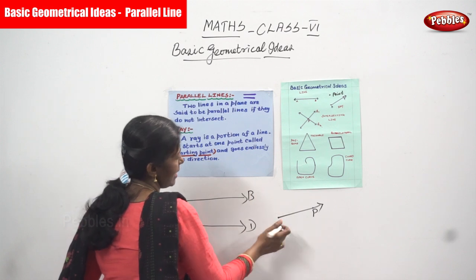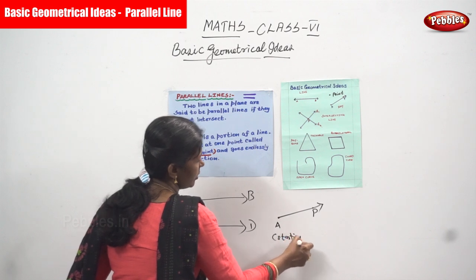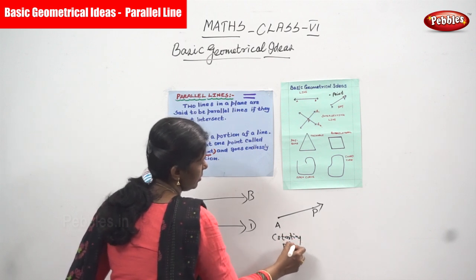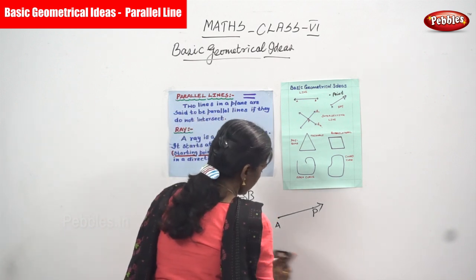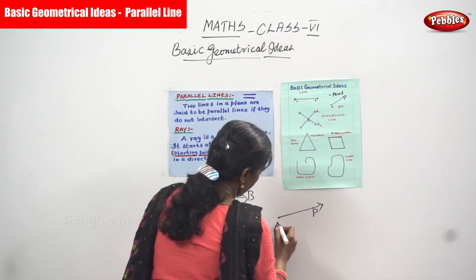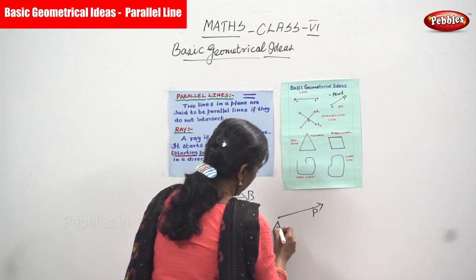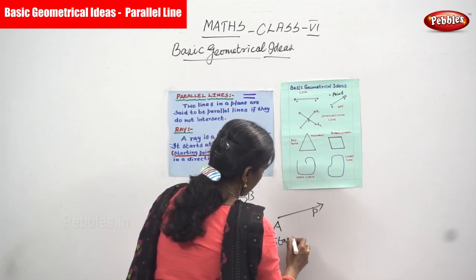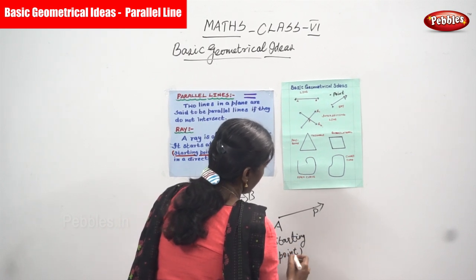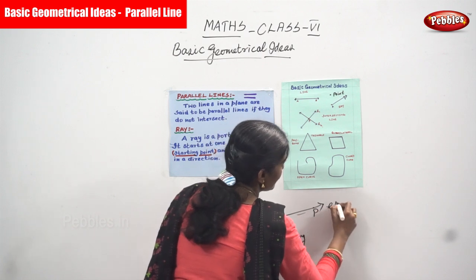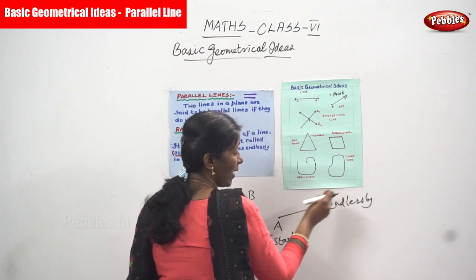This point A is called the starting point, and it goes endlessly, because there is no end for this ray.